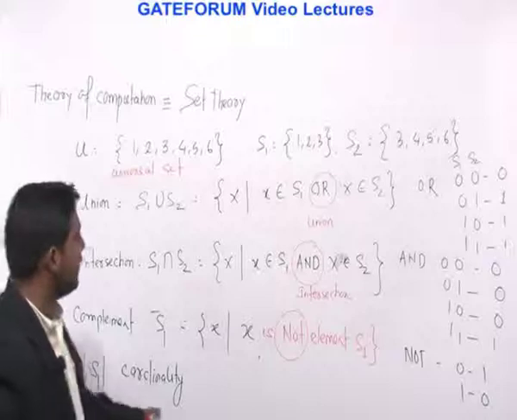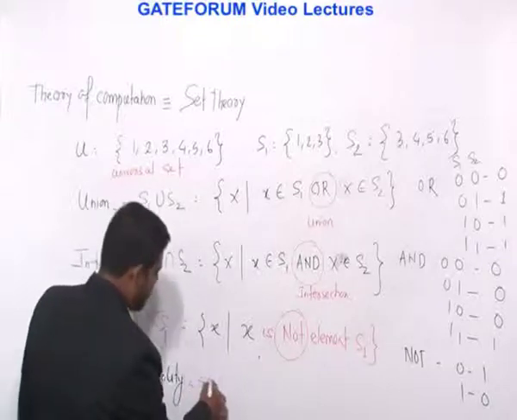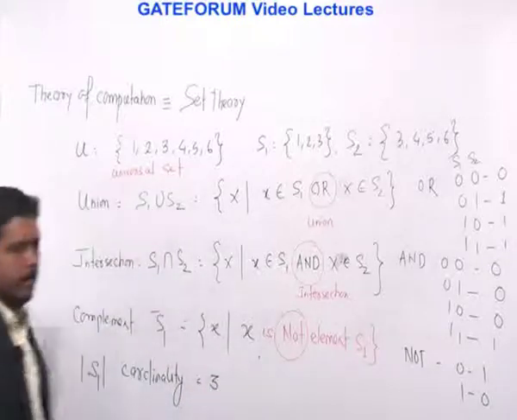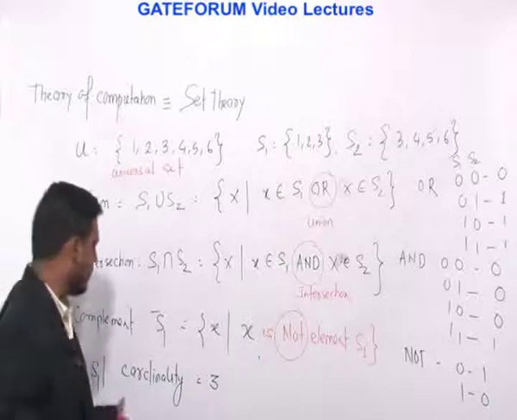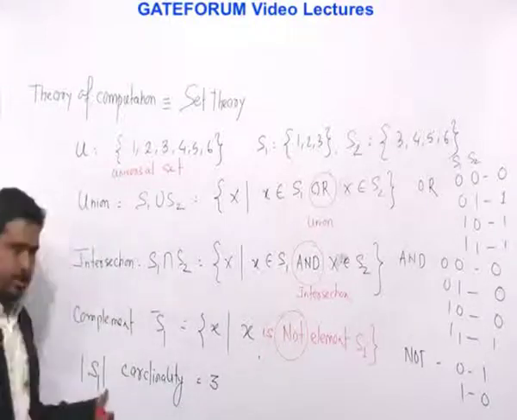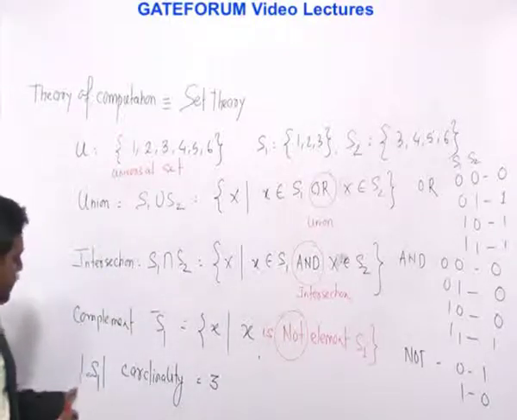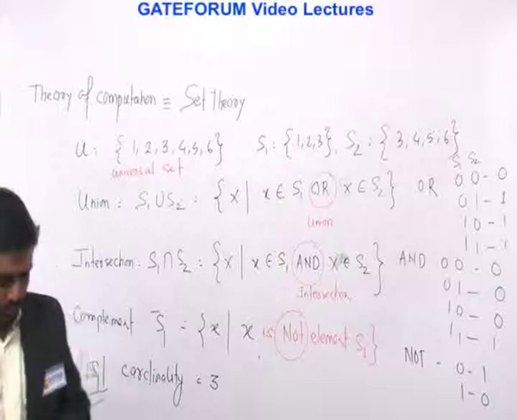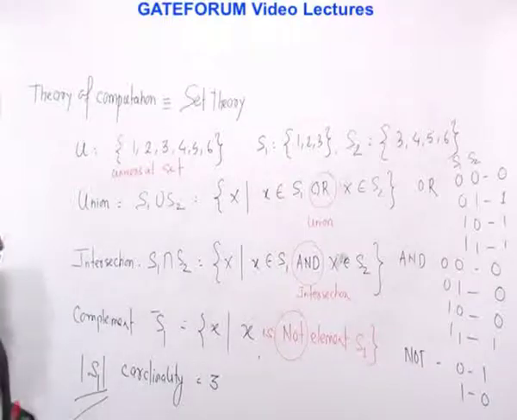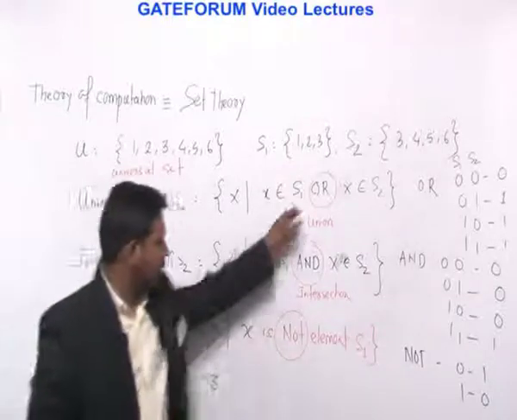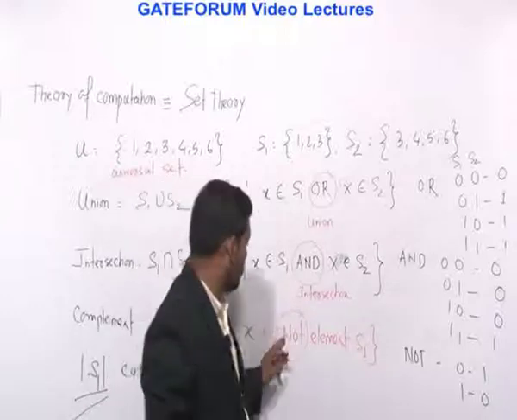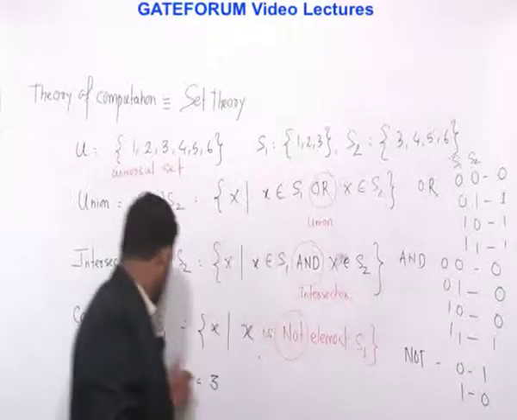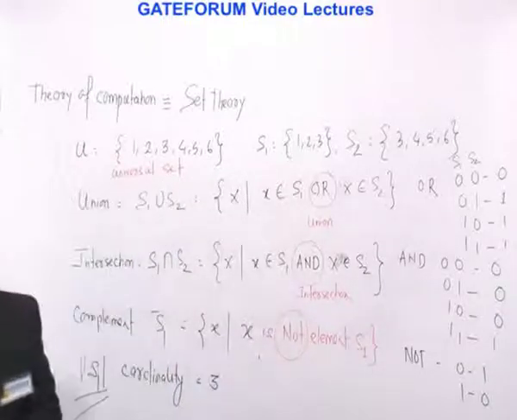For example, the cardinality of S1 is equal to 3. So the number of elements present in the set is nothing but the cardinality, and this is the notation for it. These are very basic things. I hope you are aware of union and intersection, and NOT is basically for the complement.